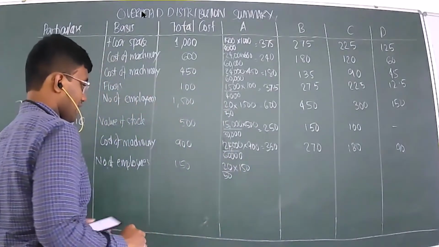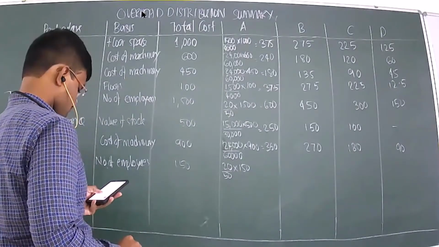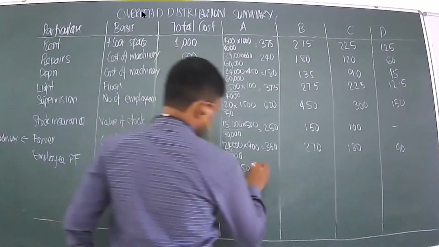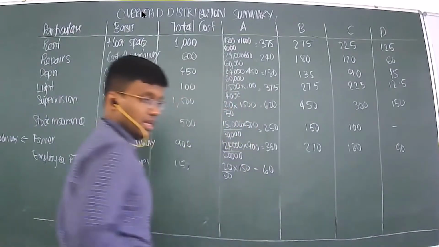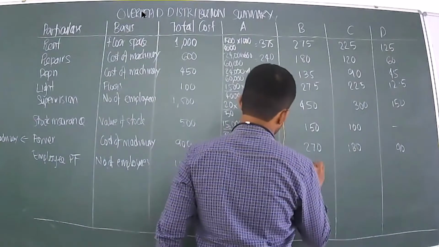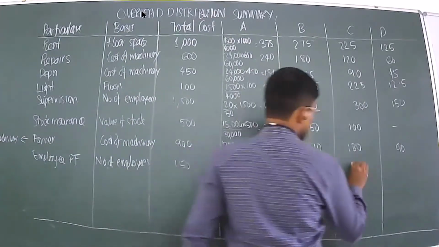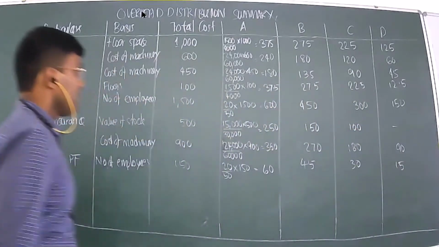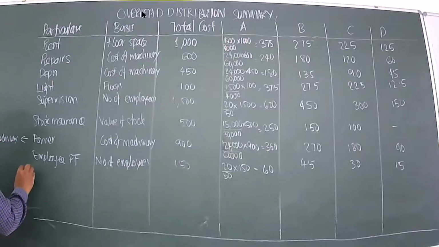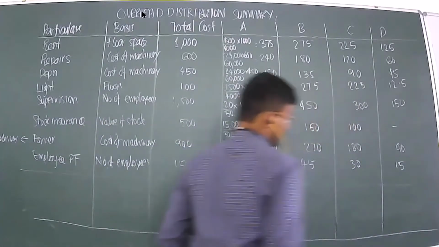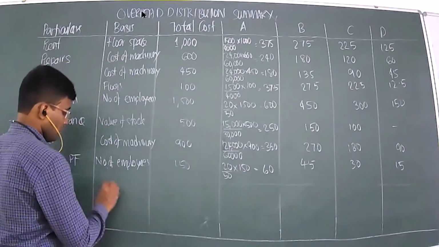Let's quickly calculate this. Here it will be 16. Next, here you have 15. Here it will be 45. Here it will be 30. And here it will be 50. So with that, we have completed the apportionment of the overheads.